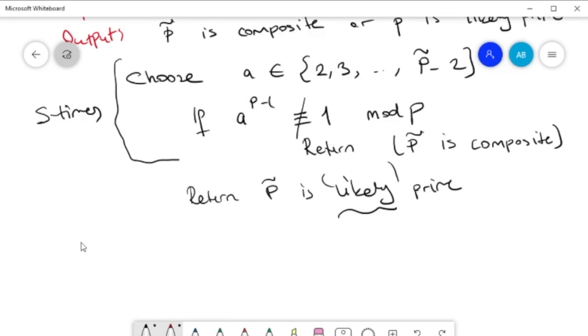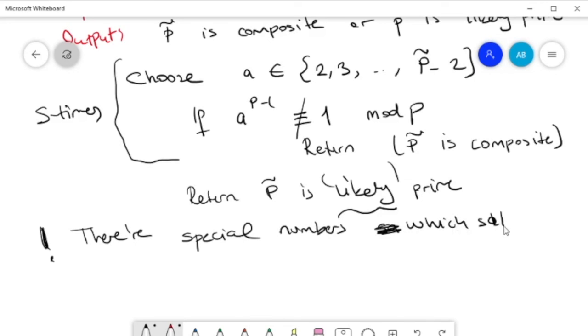But there is a problem in this algorithm because, maybe you know these numbers, there are special numbers. This is important. There are special numbers which satisfy a to the power c minus 1 equals 1 modulo c.